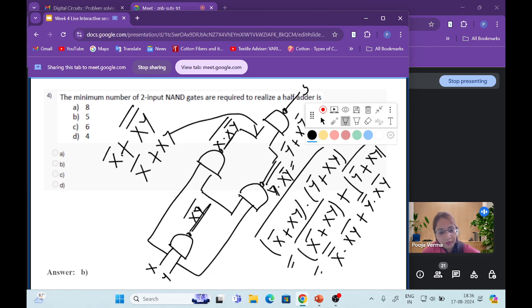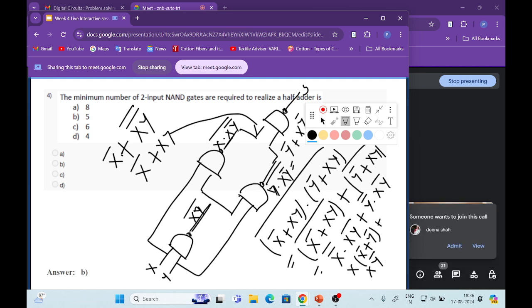Here, if you further do this, you get x dash plus y dash, right? And multiplying it, x dash and x will be 0, so x y dash we will get from here.